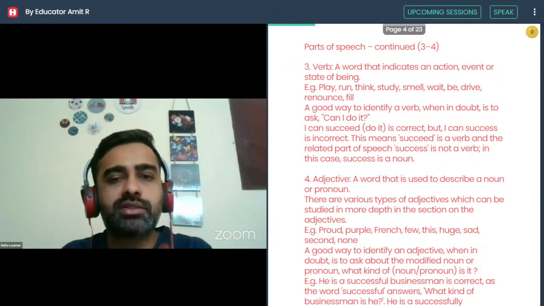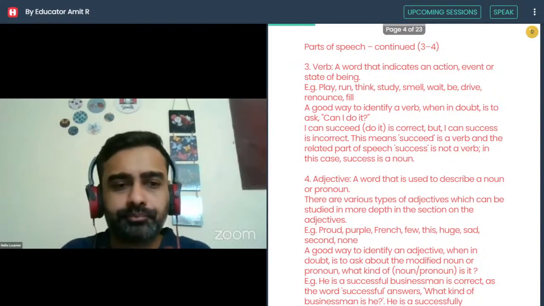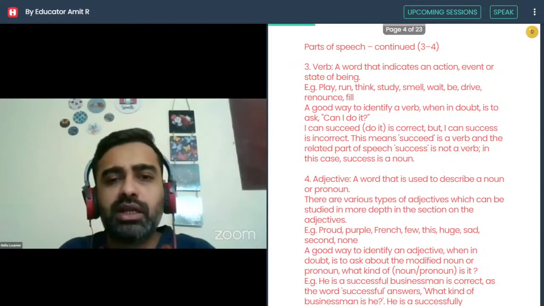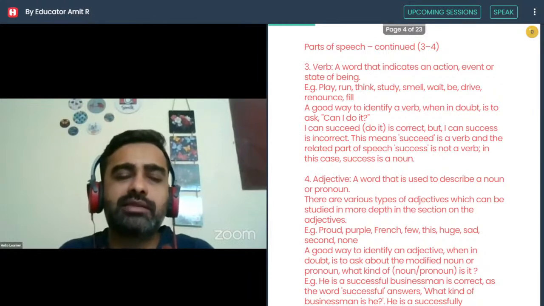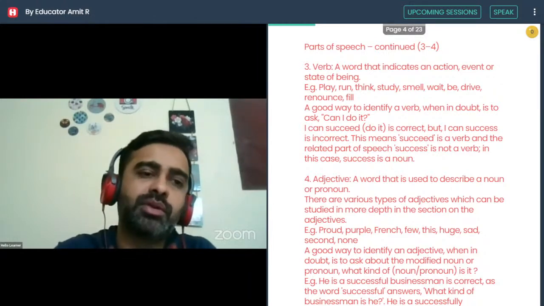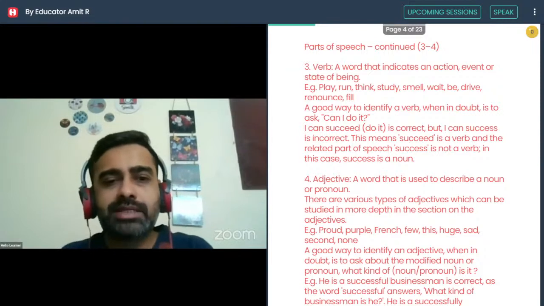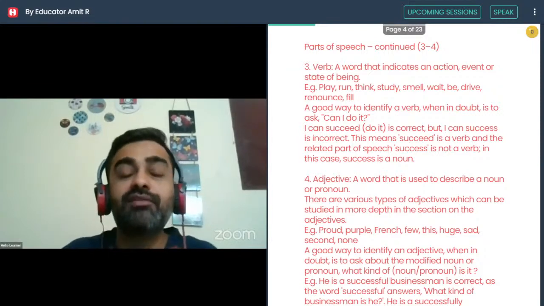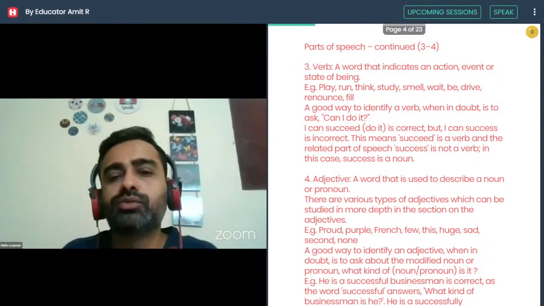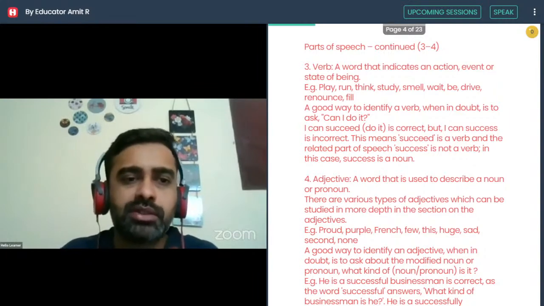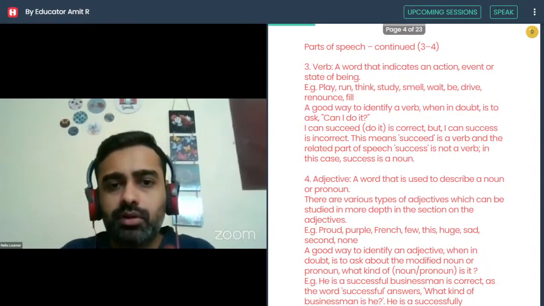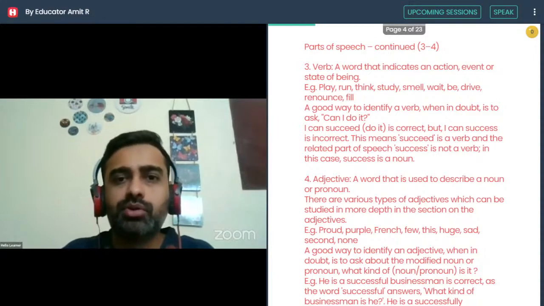That's why event is given separately apart from action. For example, a political event or gathering involves a lot of people. But an action can be an individual action as well, while an event can be an action that involves more than one person. So it's given separately just to differentiate between the two.